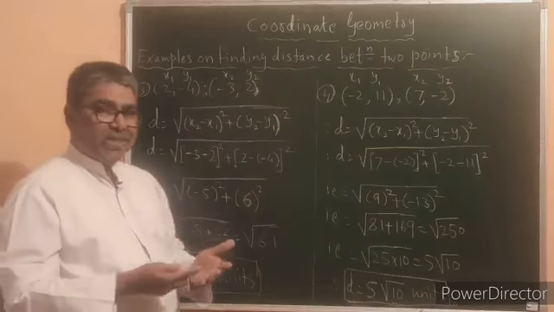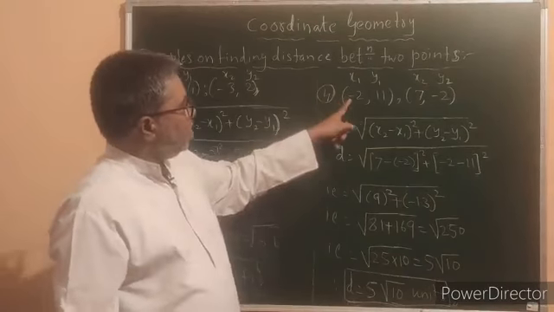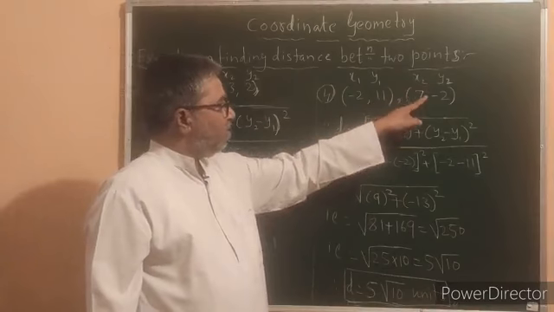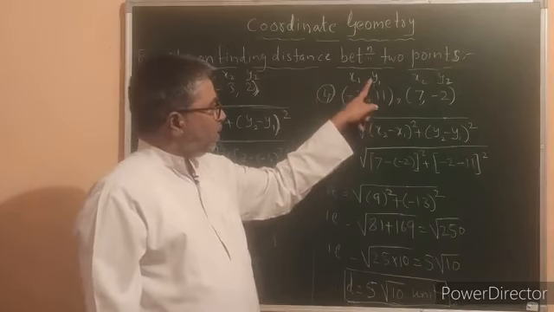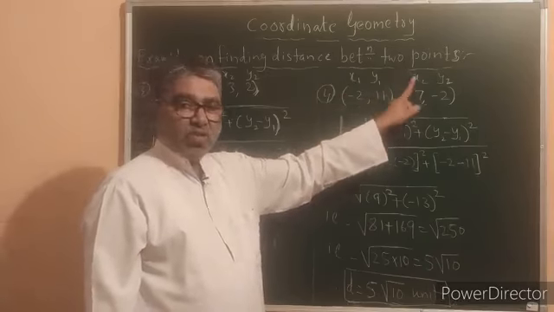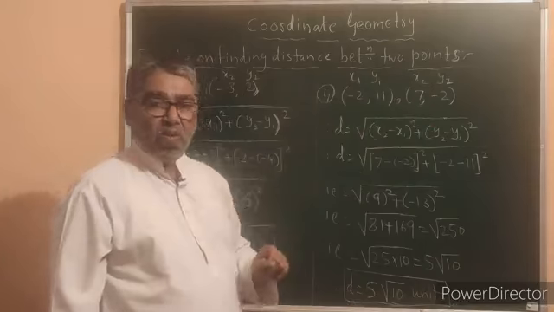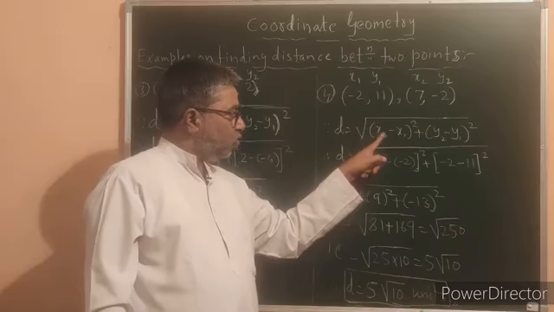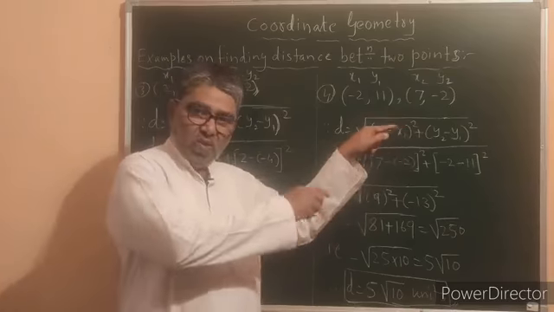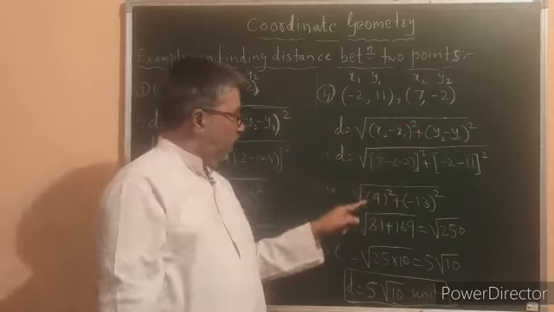Now coming to the last or fourth example, (-2, 11), (7, -2). Let us call minus 2 as x1, 11 as y1, 7 as x2, and minus 2 as y2. Write the formula. d is equal to square root of (x2 minus x1) whole square plus (y2 minus y1) whole square.